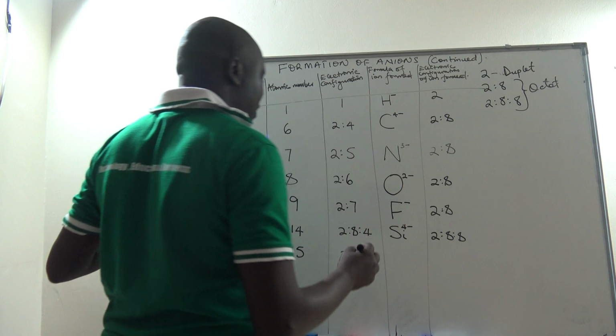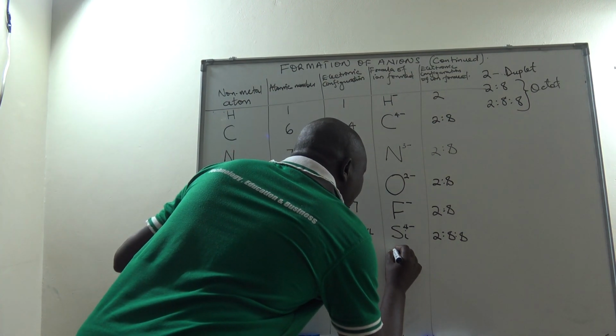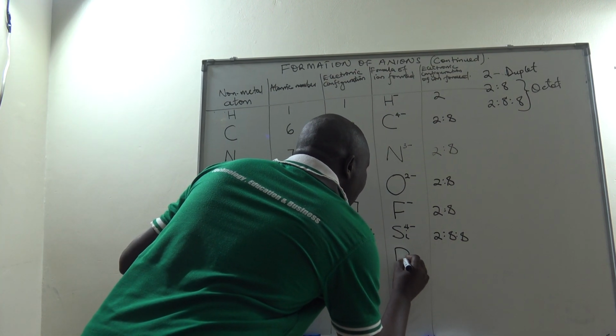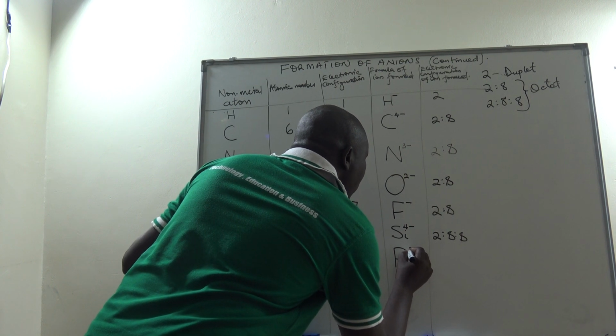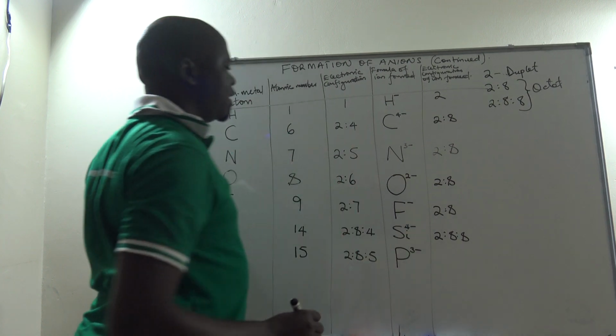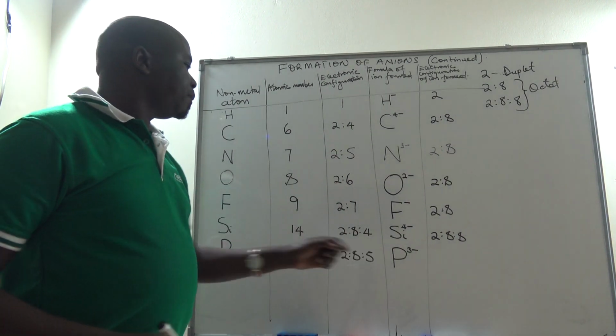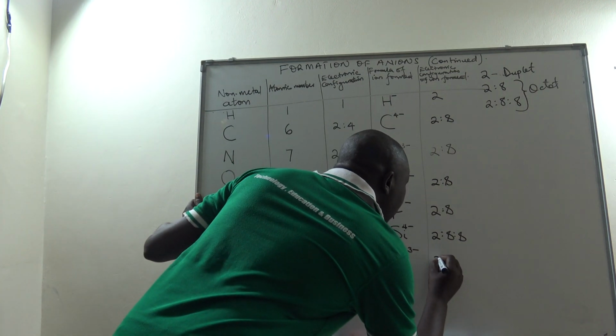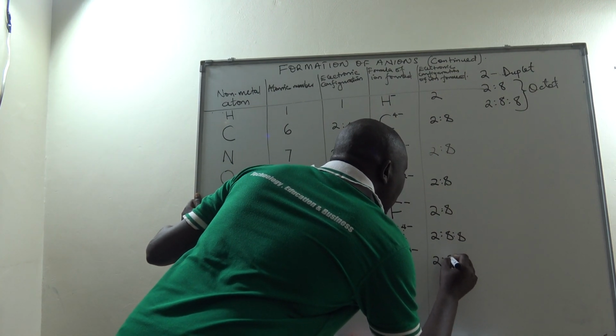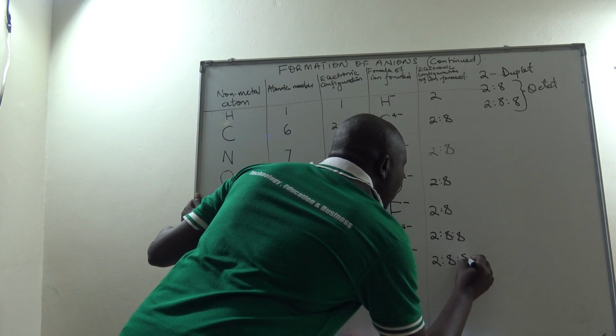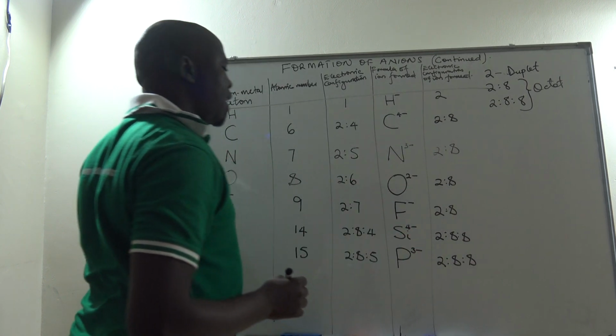So when it fills the outermost shell, then the phosphorus atom will be having 3 extra electrons or 3 excess negative charges. That is a phosphide ion with an electronic configuration of 2, 8, 8.